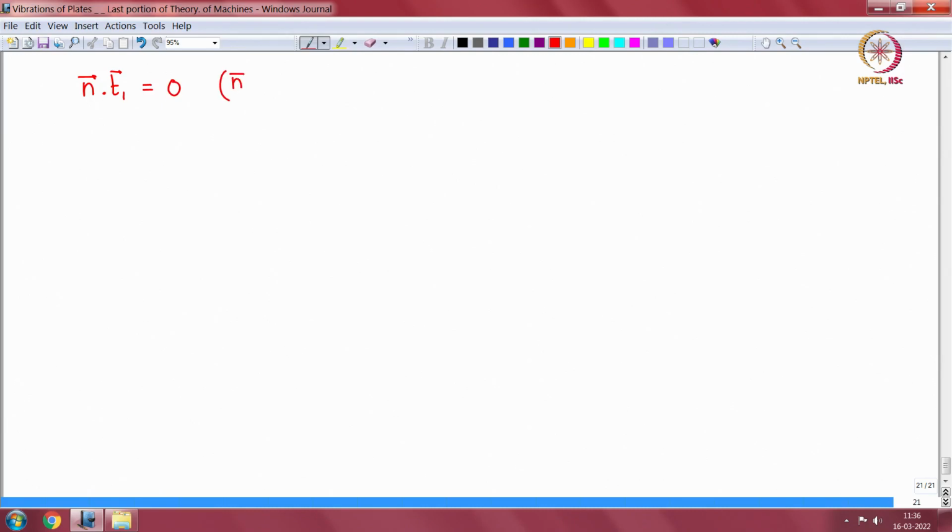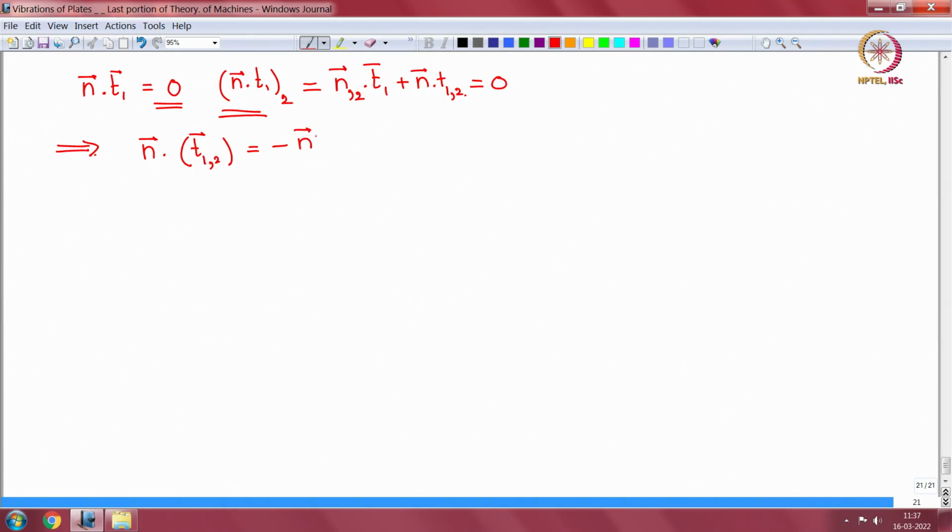Therefore N dotted with T1 differentiated with respect to alpha 2 is equal to N differentiated with alpha 2 dotted with T1 plus N dotted with T1 differentiated with respect to alpha 2, and this is equal to 0, which implies N dotted with T1 comma 2 is equal to minus N comma 2 dotted with T1.